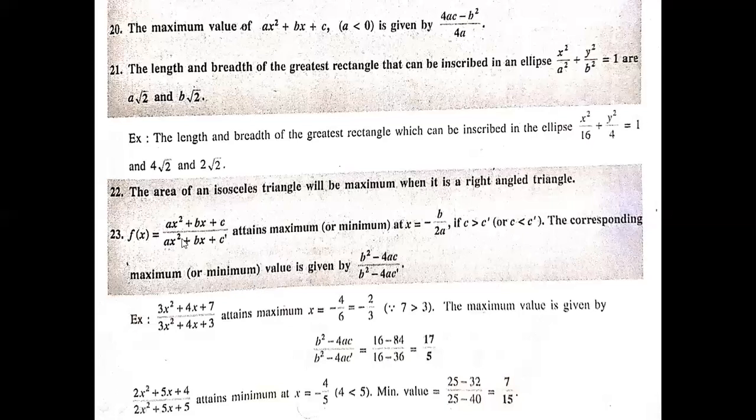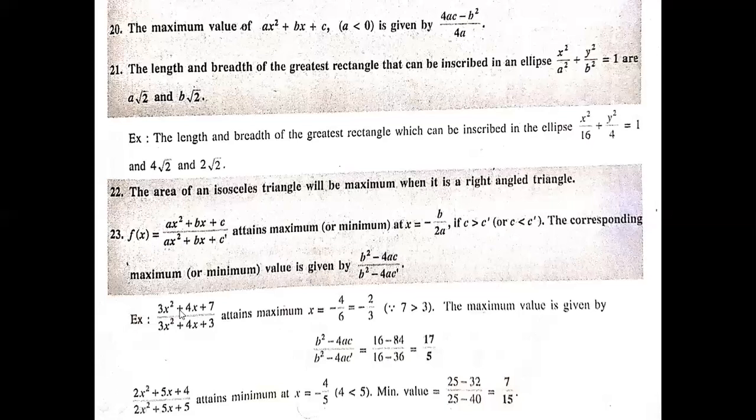23rd, if f of x is equal to (ax square plus bx plus c) by (ax square plus bx plus c dash) attains maximum or minimum at x is equal to minus b by 2a, if c greater than c dash or c less than c dash, the corresponding maximum or minimum value is given by (b square minus 4ac) by (b square minus 4ac dash).